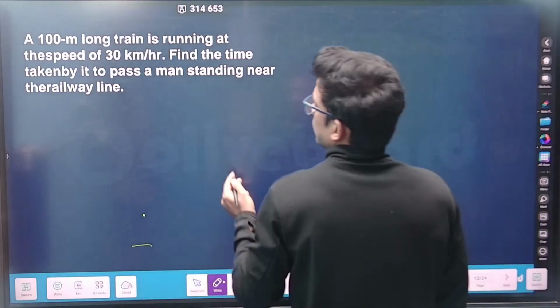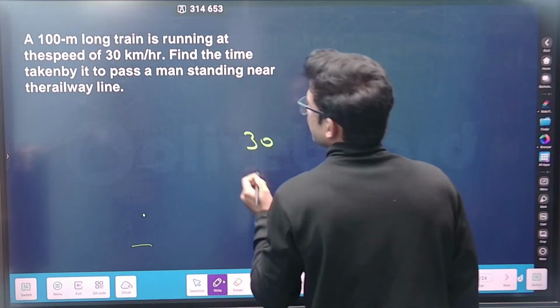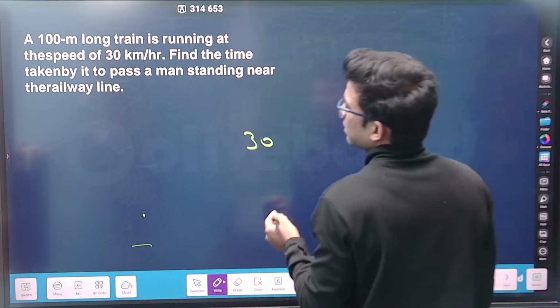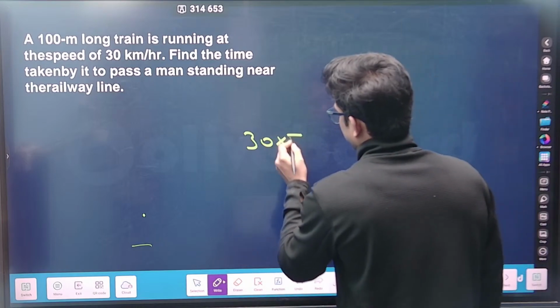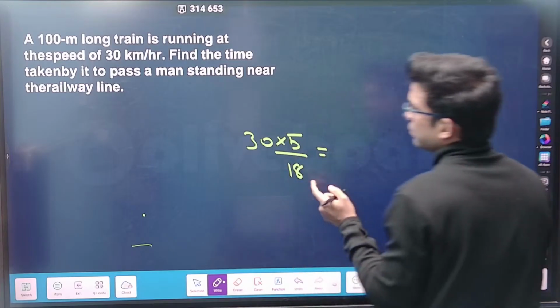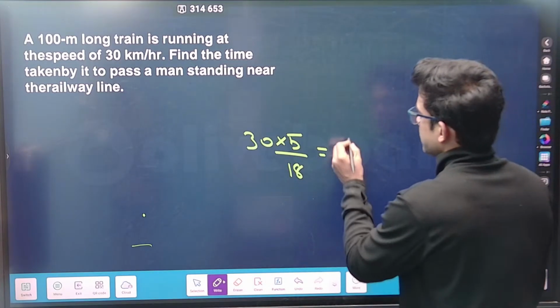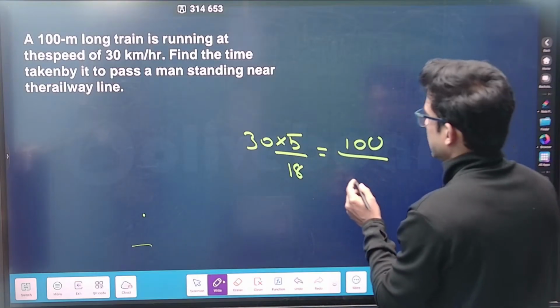Okay. So the train is running at a speed of 30 kilometer per hour. The train is going, but change it for 100 meters now. So multiply by 5 by 18, which is equal to distance, basically 100, by time.